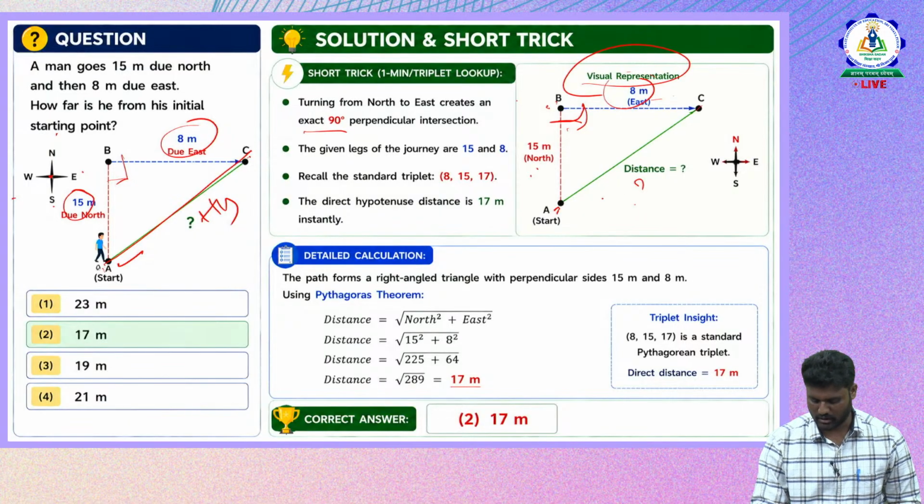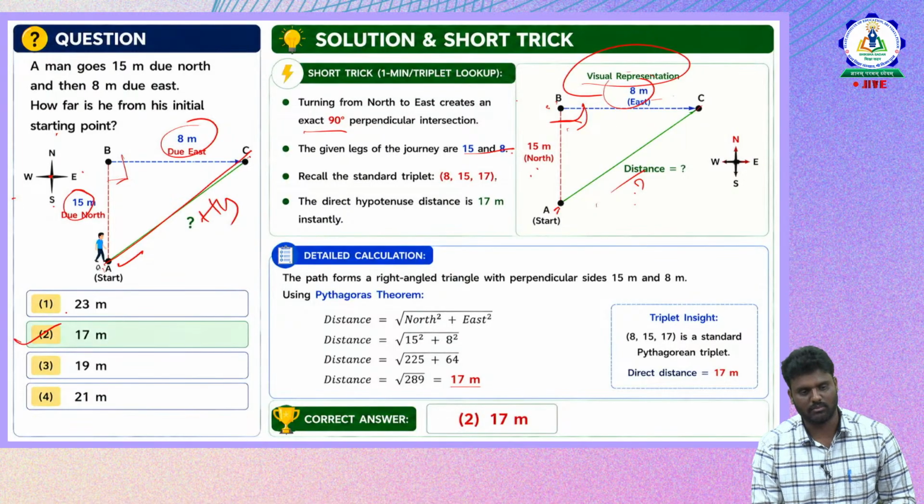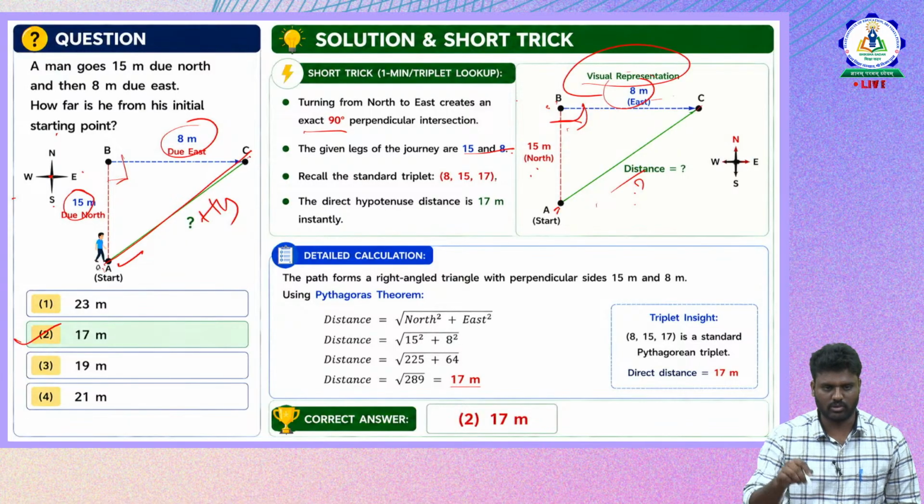The hypotenuse we don't know, that we need to identify. If you remember the triplet 8, 15, 17, we already know 15 and 8 are there. So directly we can say that 17 meters is the distance from the starting point to the end point.